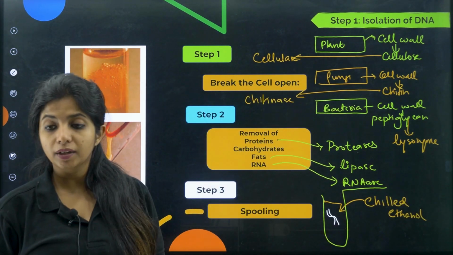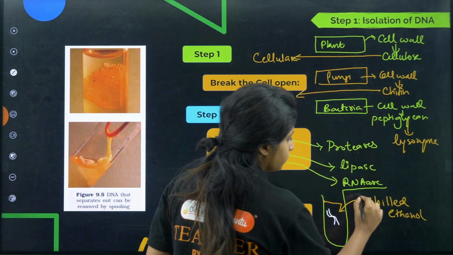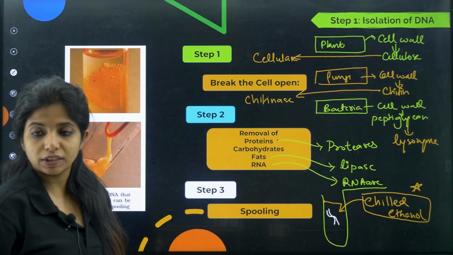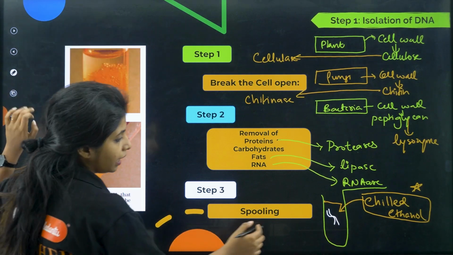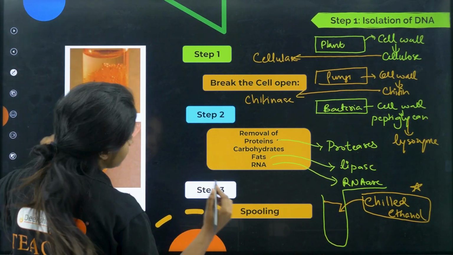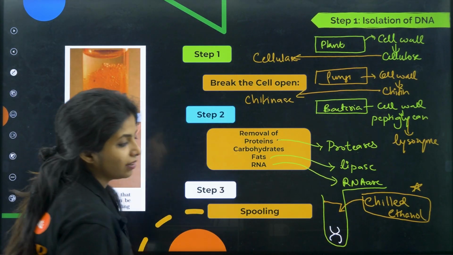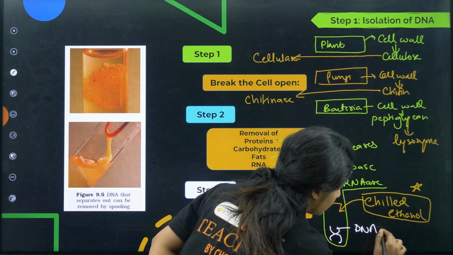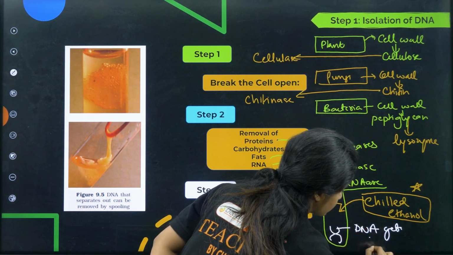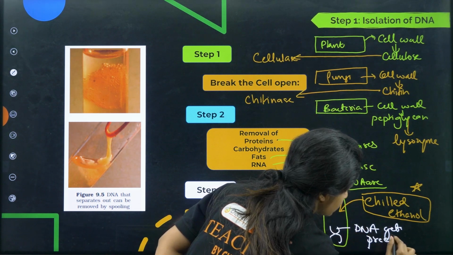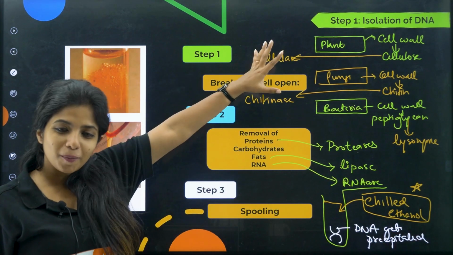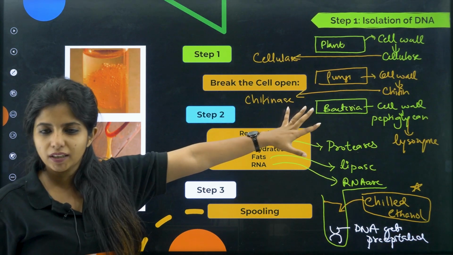When I am putting chilled ethanol, what happens to the DNA? The DNA will get precipitated. I am writing here: DNA gets precipitated. You got it? So we broke up the cell, we killed all the other unwanted things.